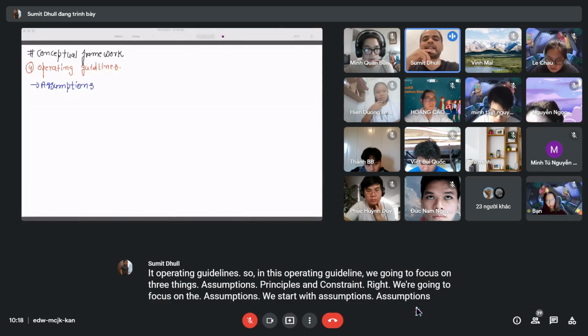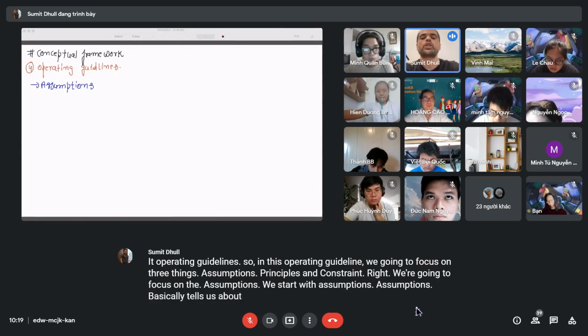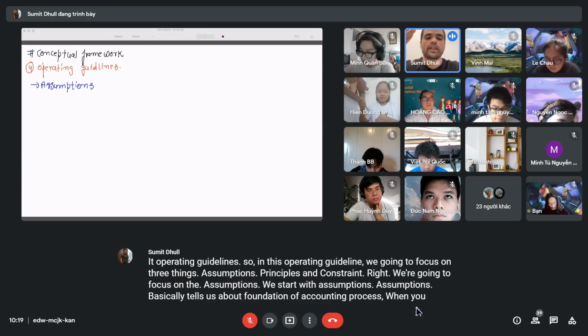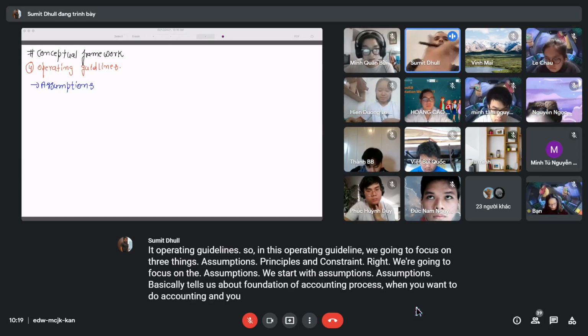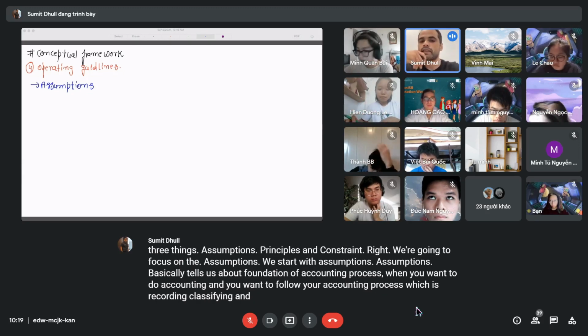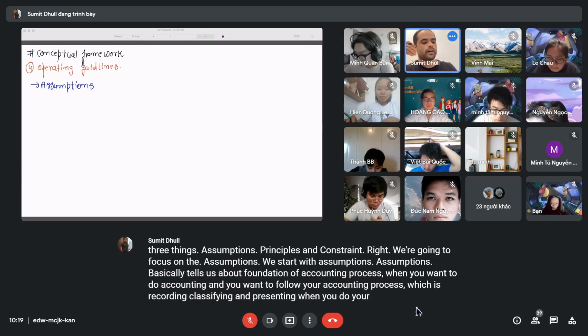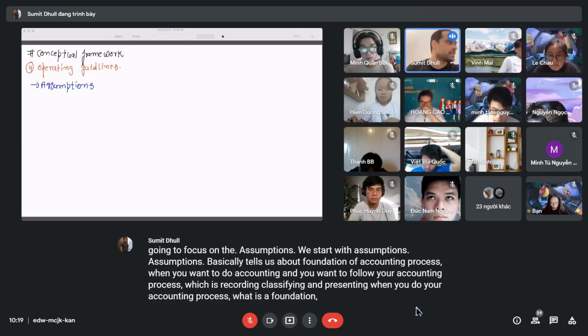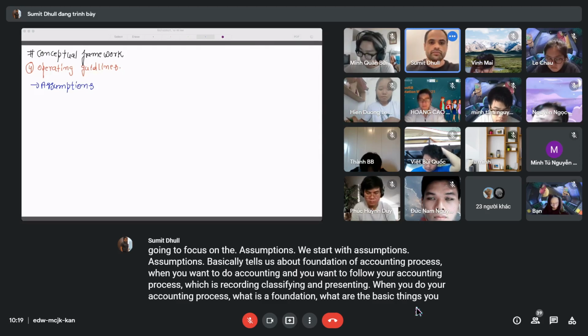Assumptions basically tell us about the foundation of the accounting process. When you want to do accounting, when you follow your accounting process, which is recording, classifying, and presenting, what is the foundation? What are the basic things you require?